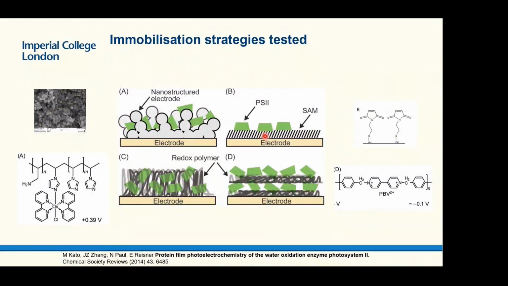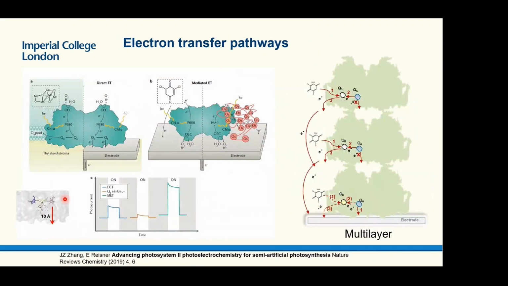The immobilization affected the structure of the protein, and the protein is inactive from a catalytic point of view. The most successful approach has been to immobilize on mesoporous metal oxides, and there are several examples of this. The other examples use polymers, especially conductive polymers like osmium-based polymers, and they've also been successful.